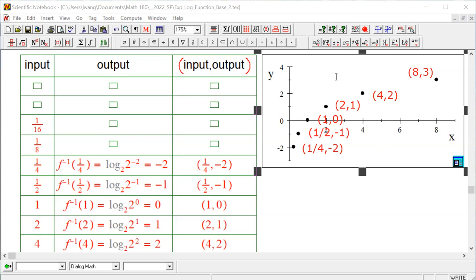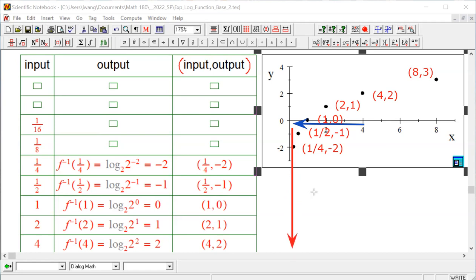You can see as the input X goes from 8, 4, 2, 1, half, quarter, we're getting closer and closer to 0. And the output goes from -1 to -2, and we anticipate for input 1/8, the output is going to be -3. So the output is going down, down, down.